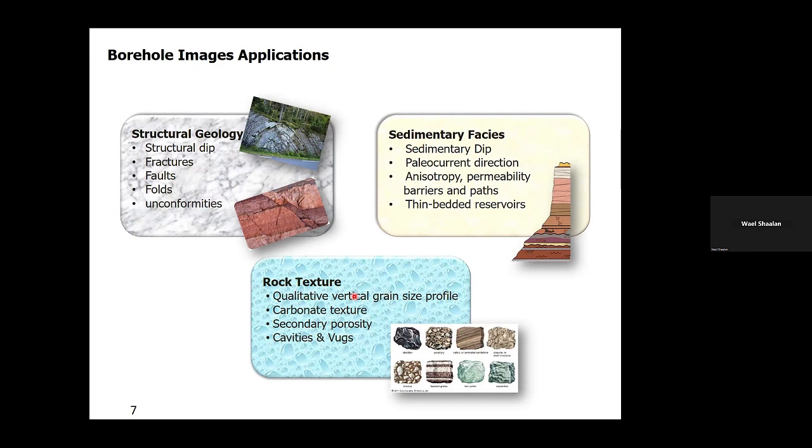I know these are all geological terms, but simply, it is either grain size, the fabric of the rock, the cavities in the rock, or the internal lamination of the rock. So we can make it simple.